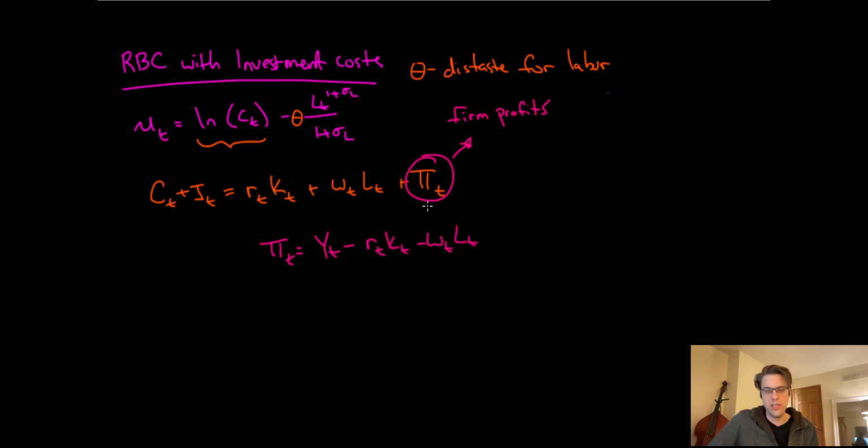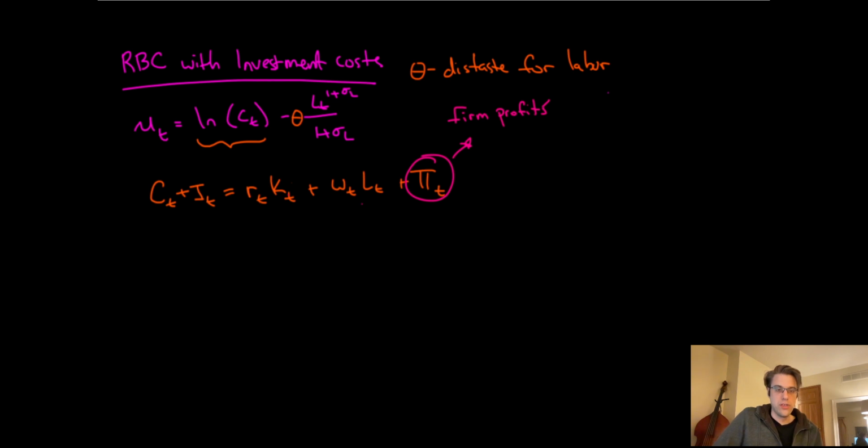You can see right away if you put this here, this and this cancel, this and this cancel, and you just get Y_t is equal to C_t plus I_t. So the profits are important for closing the economic system in theory, but in practice, because when you take first order conditions for the household, there will be nothing that involves profits, you don't really have to worry about it. But let's make sure to include it to be complete.